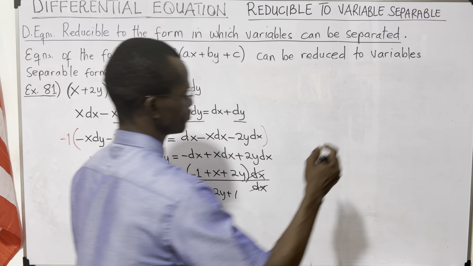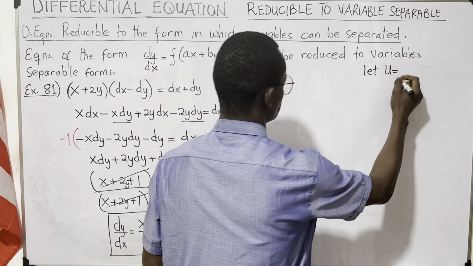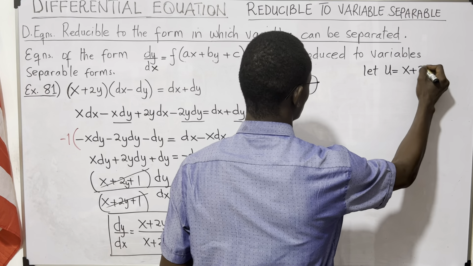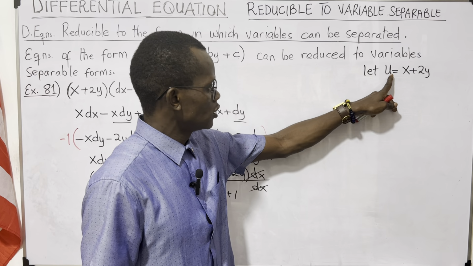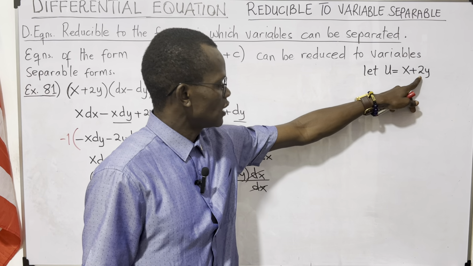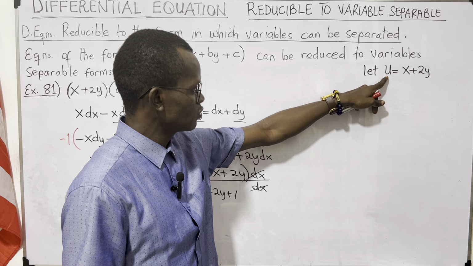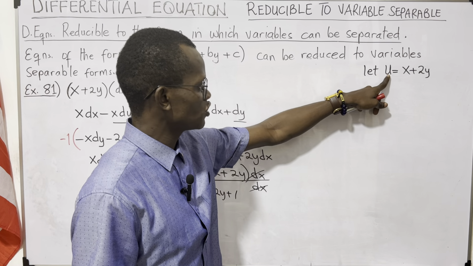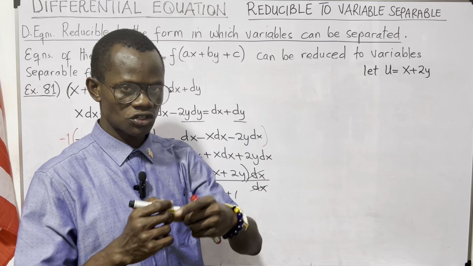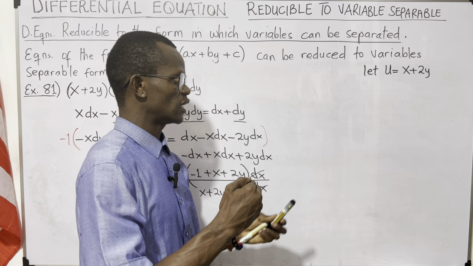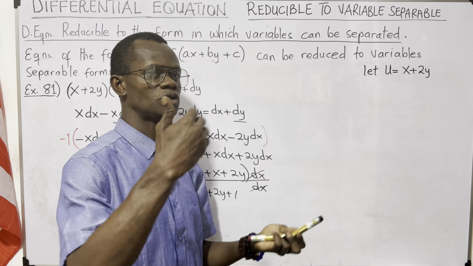So now we can do the substitution here. We say let u equal x plus 2y. Now that we have a new equation, it brought in a new variable, a new function as well. So we have two functions now, u and y. Whenever you are differentiating a function, you attach derivative notation.